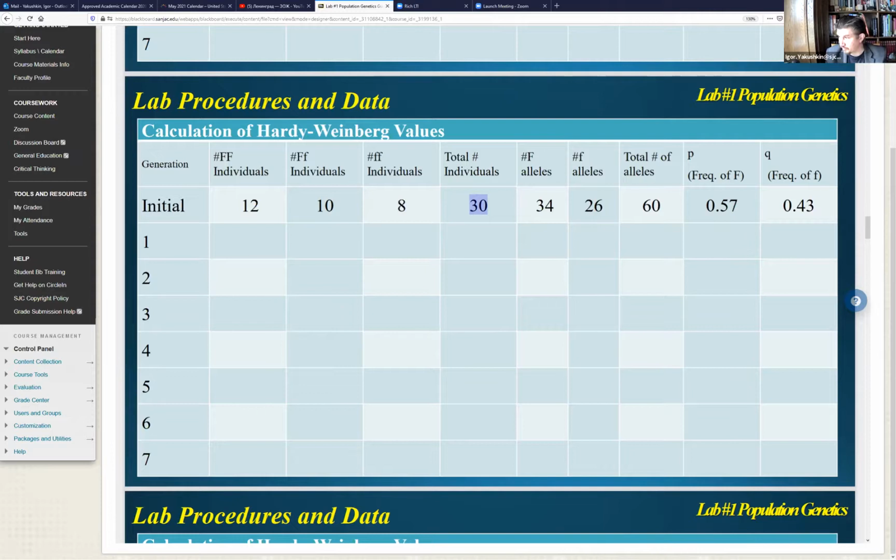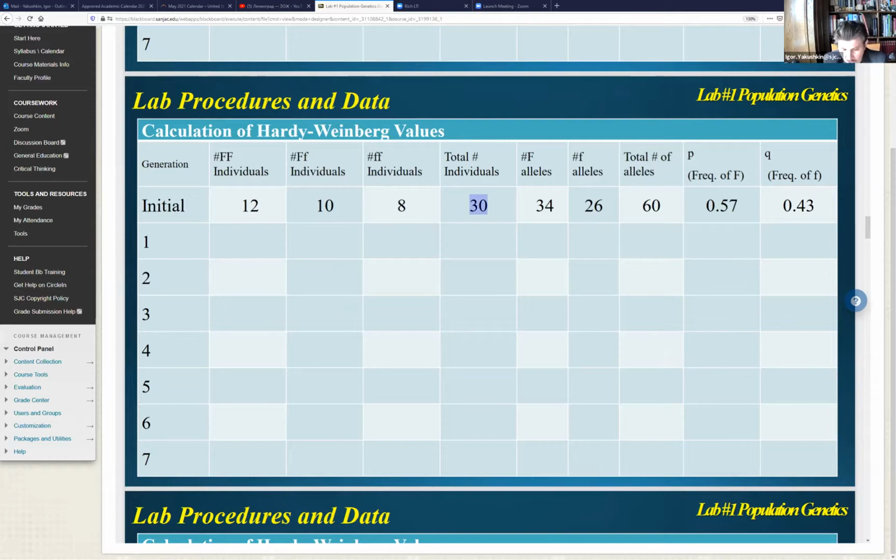Therefore, P is equal to the number of F, 34, divided by 60. I already did the calculation, so P will be equal to 0.57. Everybody see where it comes from? Okay, all right.